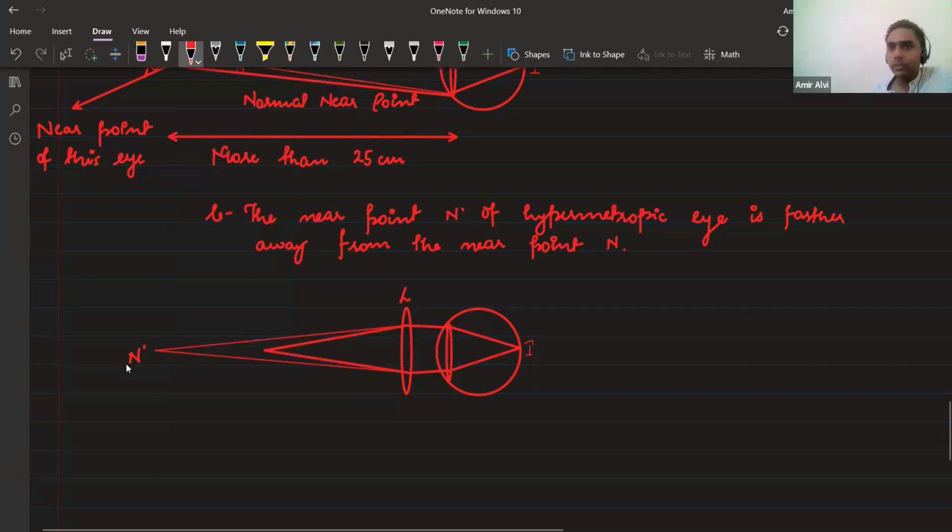This was N dash, the near point of this defective eye. Say yes or no. This was the actual near point. Yes, sir. But after using the lens, the near point has now shifted to 25 centimeters. Clear? Now the eye can see the object clearly. Okay. So this is N. So this is case C, the correction of hypermetropia.